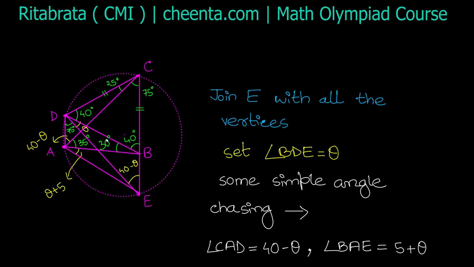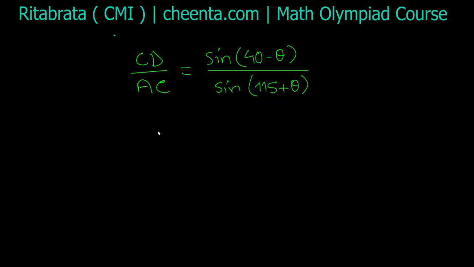In the second triangle, triangle ABC, we get BC by AC: the angles are 35, and 30 plus 40, which is 70. So BC by AC is sine 35 degrees by sine 70 degrees.